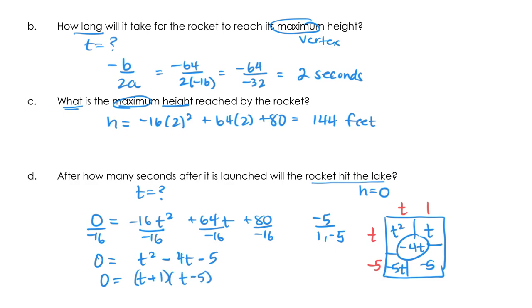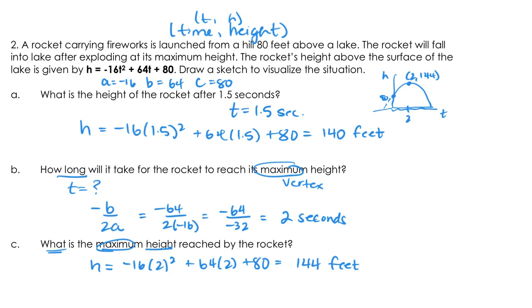And if two things multiply to be 0, I can set each of those factors equal to 0. So t plus 1 equals 0 and t minus 5 equals 0. If I subtract 1 from both sides in that first mini equation, I get t equals negative 1 seconds. That does not make sense, right? And if we scroll back up to our graph, it does when we look at this, because remember, we started up here at 80.